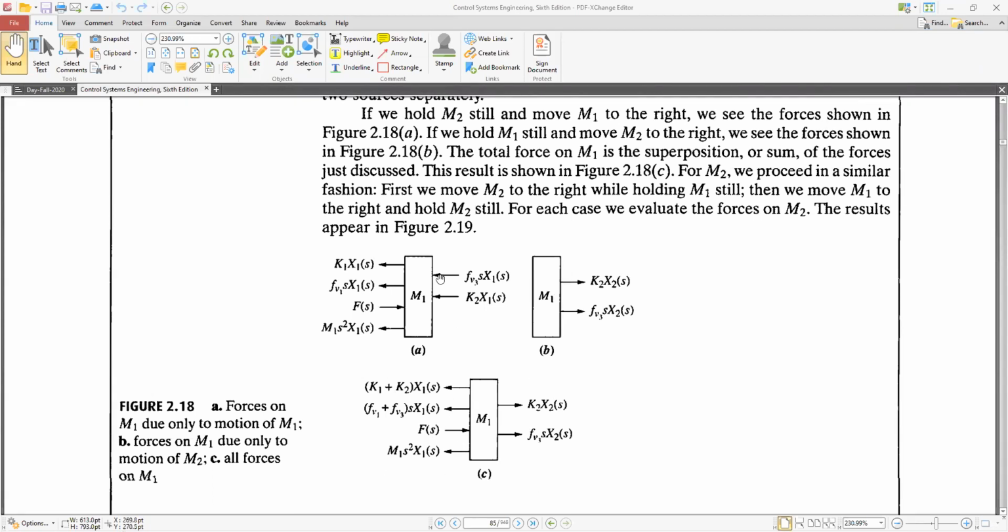See the direction: (K1 plus K2), (FV1 plus FV3), F(s), M1 s squared X1(s), K2 X2, FV3 X2(s). If we combine these two, then we'll get this one.